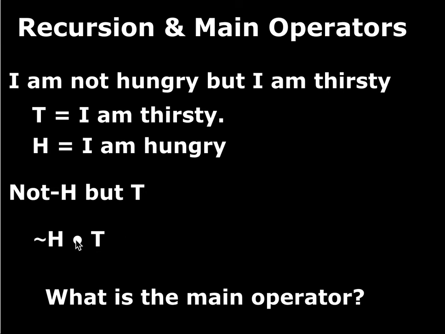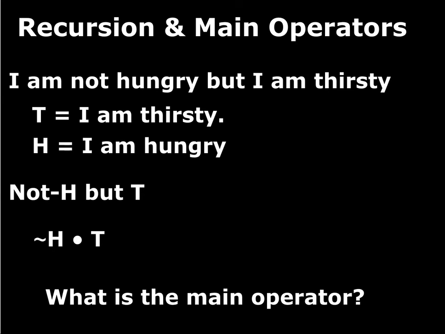Well, it's actually a conjunction. The first conjunct is not H and the second conjunct is T. But the whole statement is a conjunction. The whole statement is not a negation because the negation only applies to this part. It's not applying to the whole statement. It's only the first conjunct that is negated.